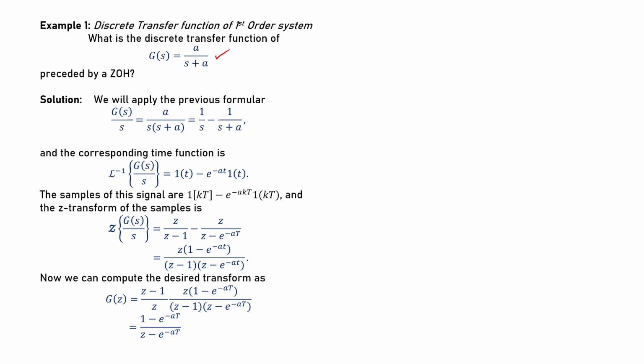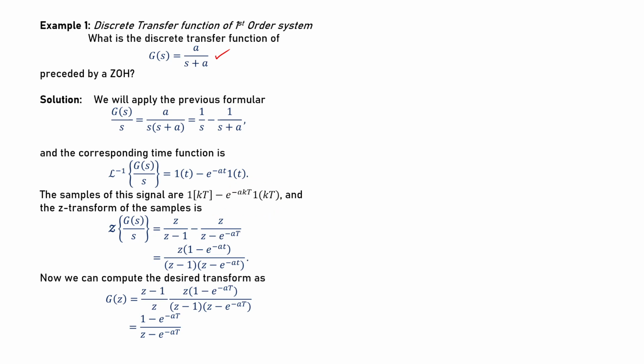So the Z transform of the step function, you get 1 over 1 minus Z to the power minus 1, but you can rewrite it in this form, right? And the Z transform of this exponential term becomes like this. Okay?